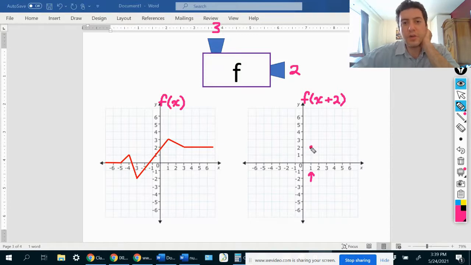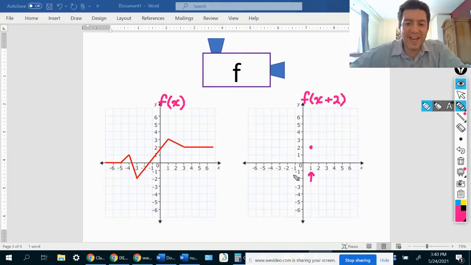Let's do a few more examples and see if we can see what's going on here. All right, what if x is -1? So that means that we're not putting -1 into the function machine.